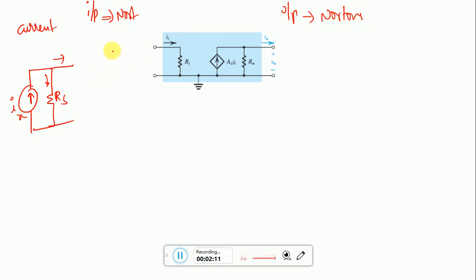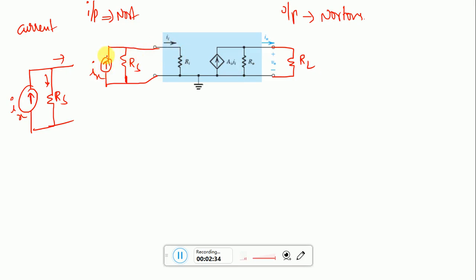Now if you connect this source across here, that is Rs in shunt and Ix. Let me use the term Ix. Why? Because Ia is already used here. Now in this fashion you will connect the input side circuit, and the load will be connected across the output, and this is I0.